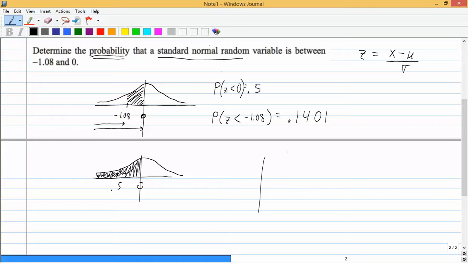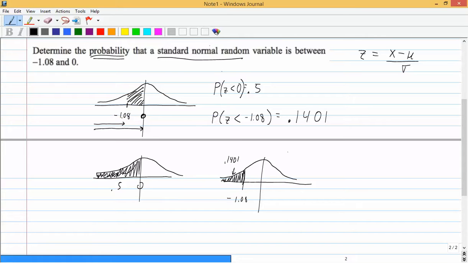Then we figured out that all of the area under the curve up to a z of negative 1.08, up to that value right there, was 0.1401.